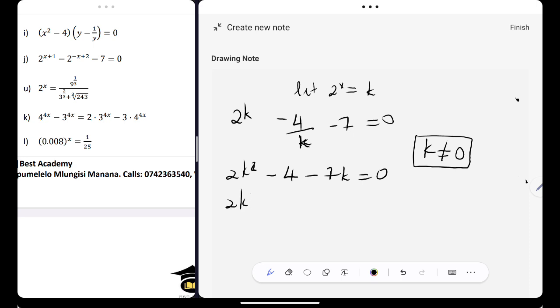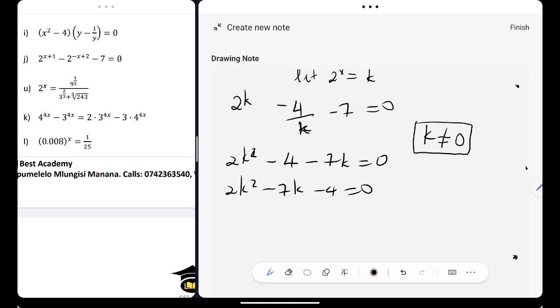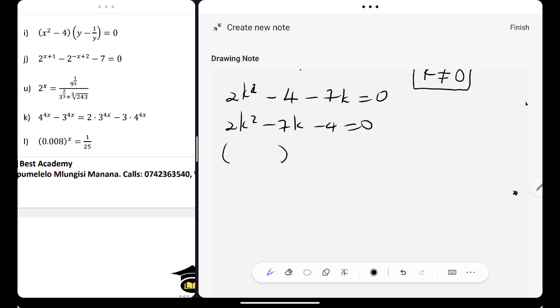This is 2k squared minus 7k minus 4 is 0. Then now I need to factorize this guy. Please, if you're still struggling with factorization, go to the first lesson and learn how to factorize. The first lesson, please.